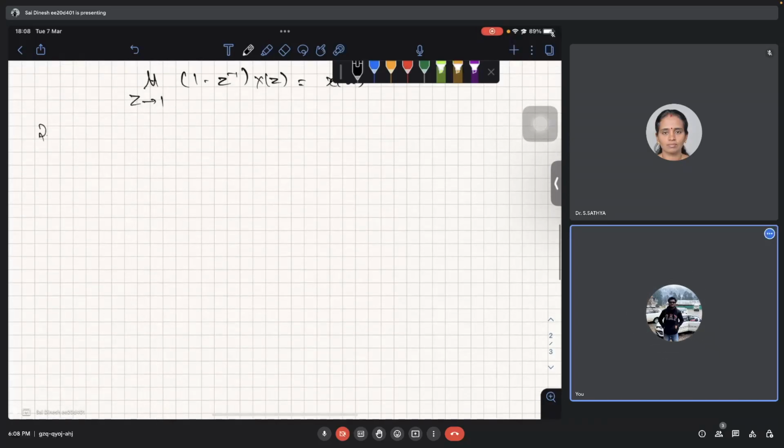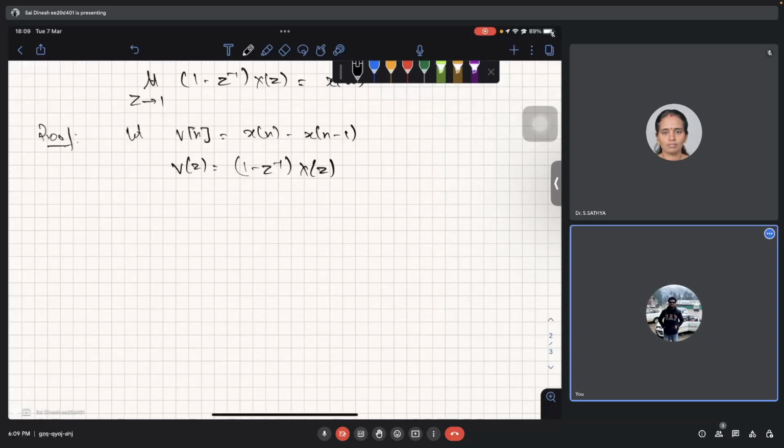The proof actually goes by letting v of n be a signal which is the difference between x of n and x of n minus 1. Therefore V of z is (1 minus z inverse) X of z. Now solve for limit z tends to 1 of V of z. Upon solving we get that this is equal to limit n tends to infinity of x of n.